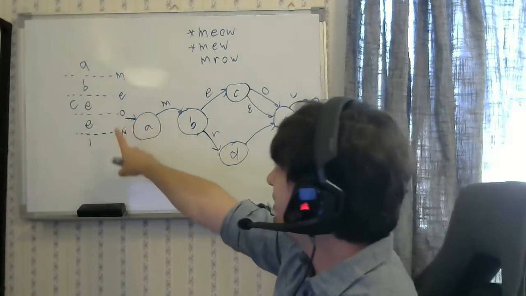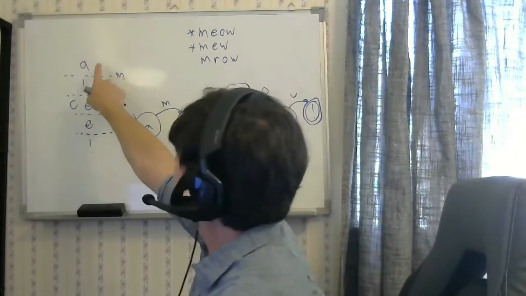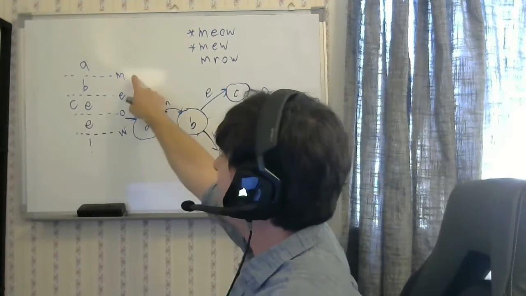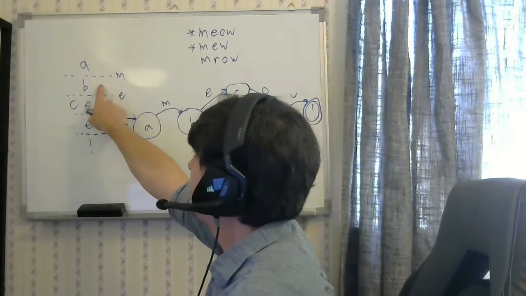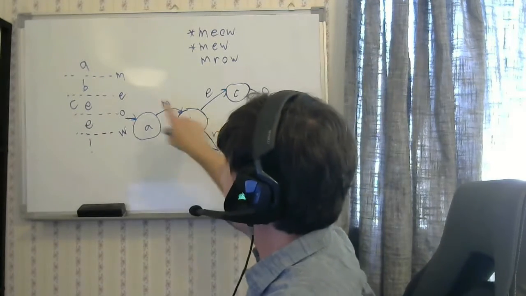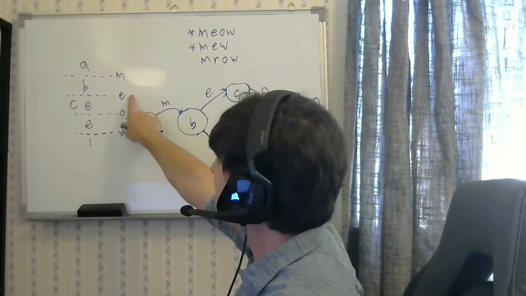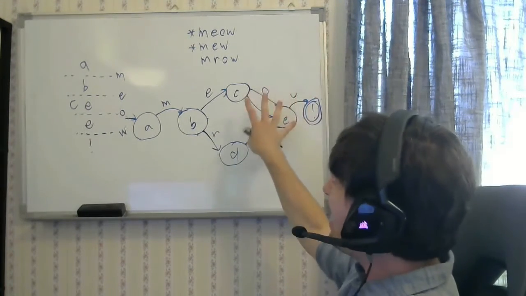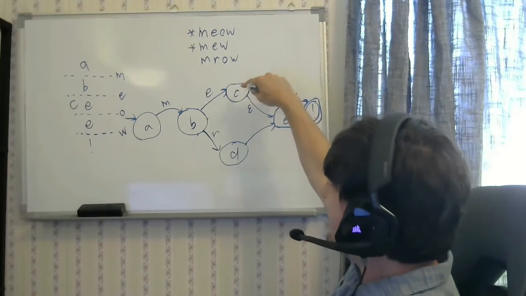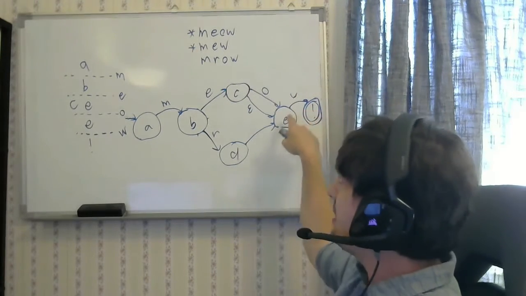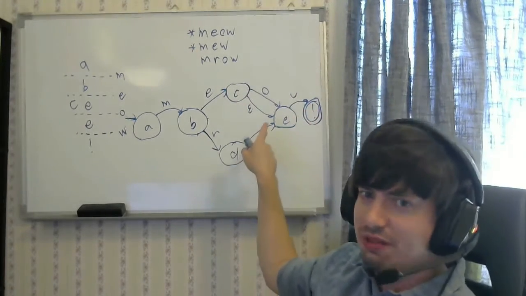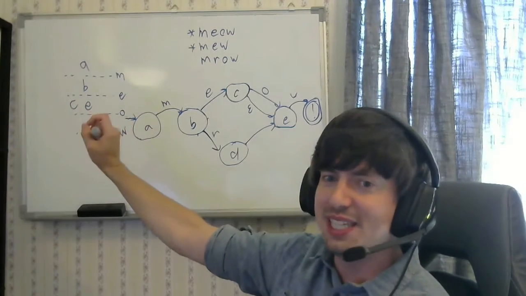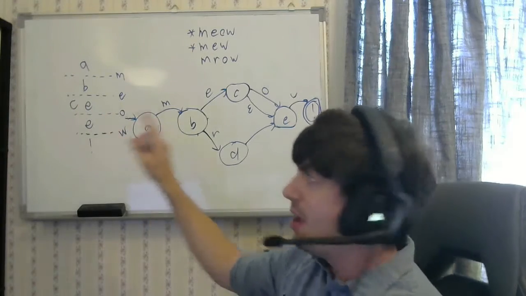So if we're going through this simulation where we said, well, if I started in state A, then when I see an input edge M, I am now in state B. If I am in state B and I see an edge E, I am now in the NFA states C and E because I allowed this little cheater empty edge. And so effectively in the next step, I am simultaneously in C and E.